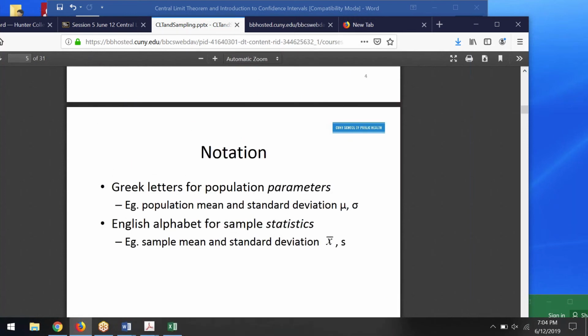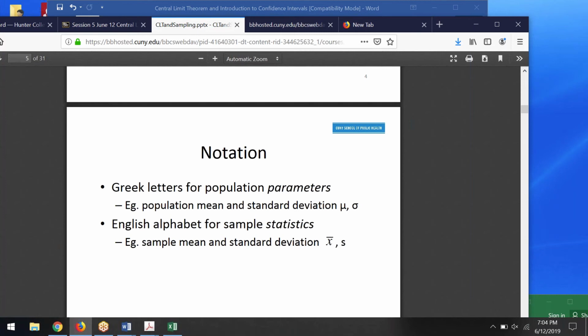Okay, notation. Anytime we talk about a population parameter, some statistic that describes the entire population that we're targeting, we're going to use the symbol mu for mean and sigma for standard deviation.